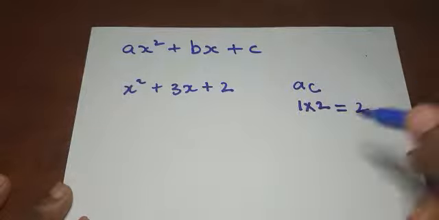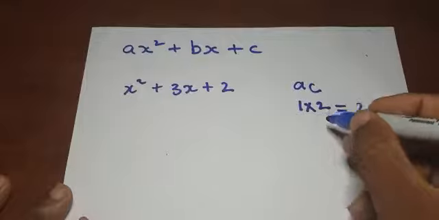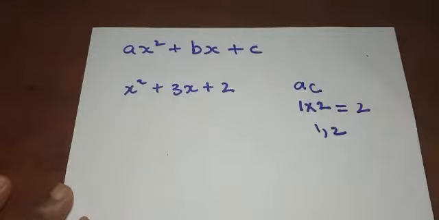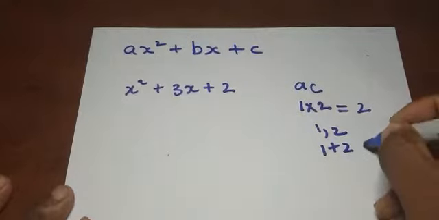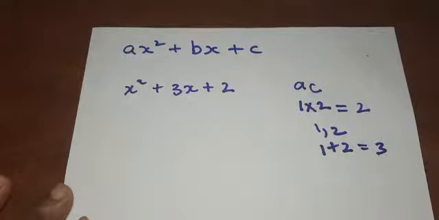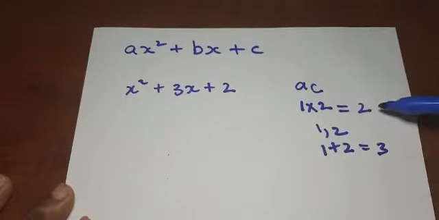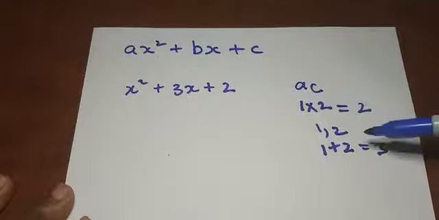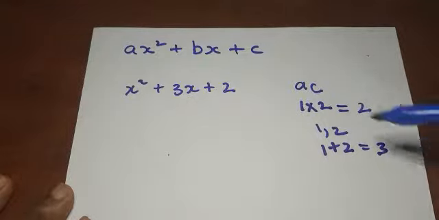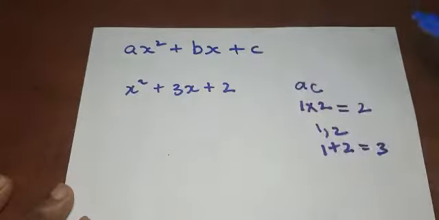So when you look at factors of 2, you can quickly pick out 1 and 2. And you can also say that 1 plus 2 gives you 3. So again, it's factors of AC, AC in this case is 2, such that when you add or subtract them, you get the middle term, b, and b in this case is 3.